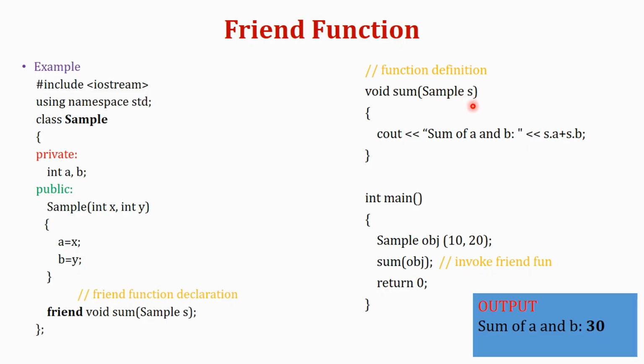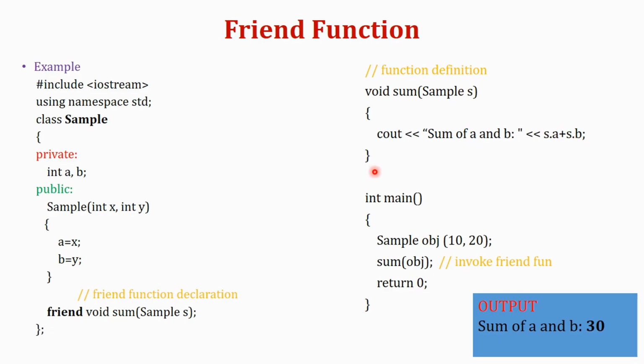With the help of the object, we access the private members of the class, for example s.a and s.b. S is the object, right, and a is a variable. So with the help of the object, we access the private members of the class from outside of the class, and then we can do any operation here.